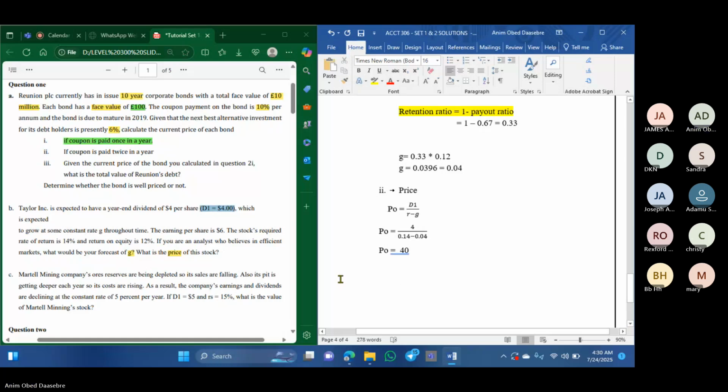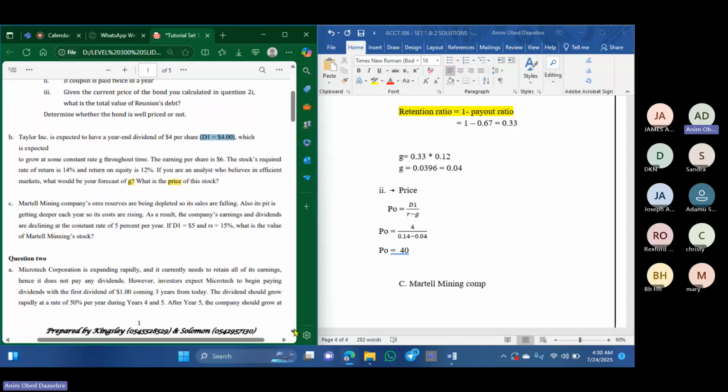So C. C is Metal Mining. Metal mining company's reserves are being depleted, so its sales are falling.